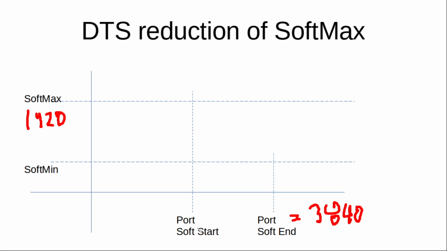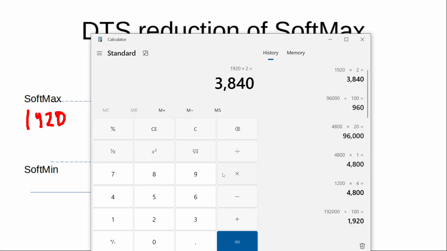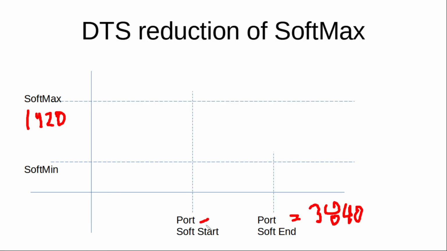And PortSoftStart will be 75% of that. So we are going to multiply this by 75%. That will be 2880. So this will be 2880.